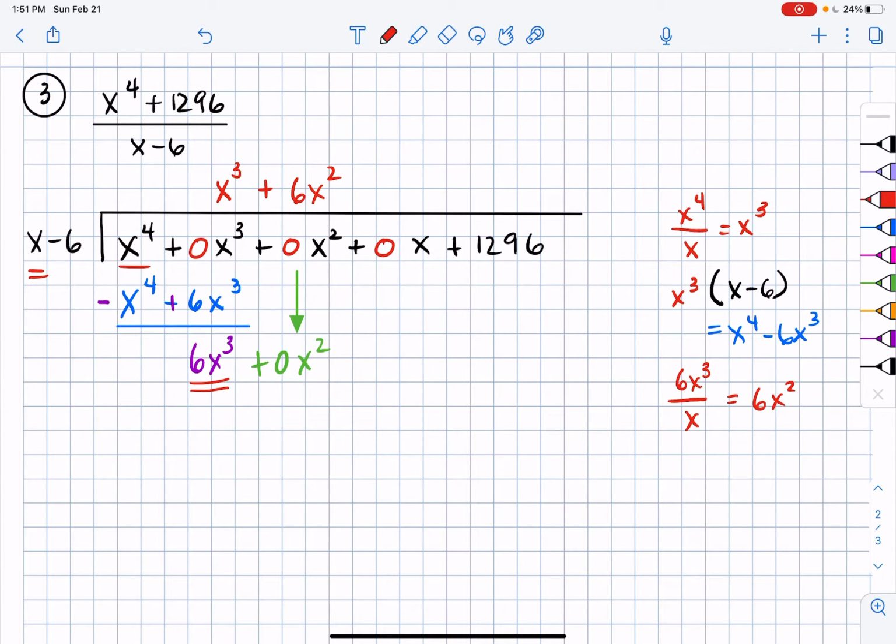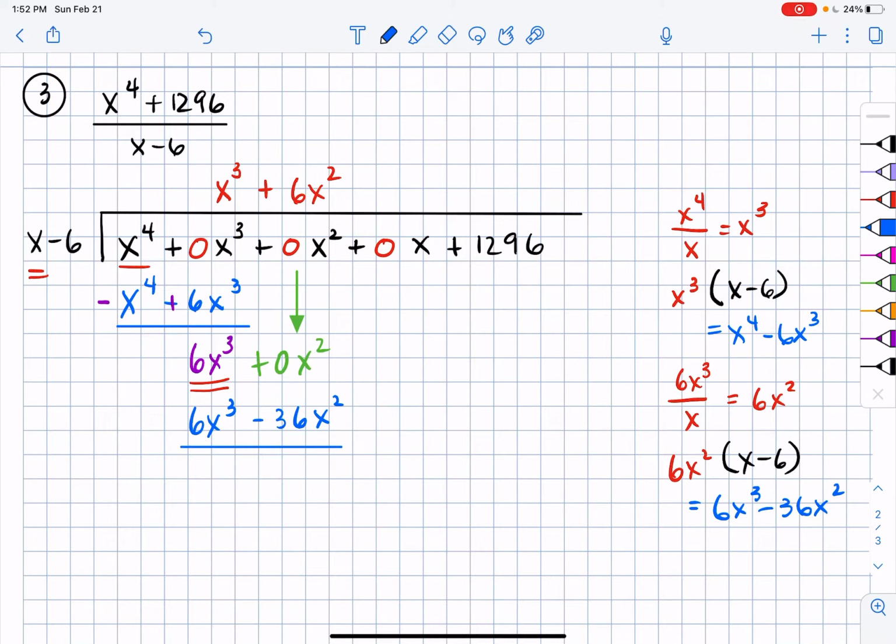Then I have to multiply. 6x squared times x minus 6 is going to equal 6x to the 3rd minus 36x squared.